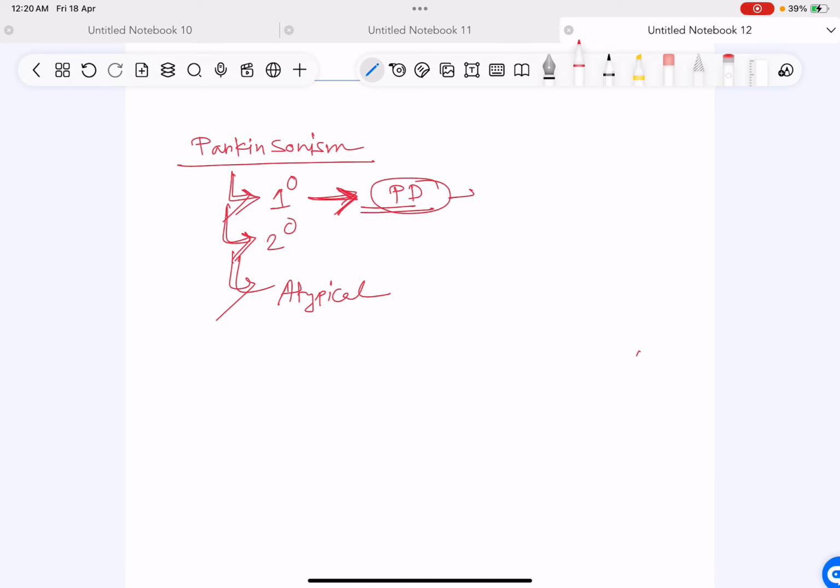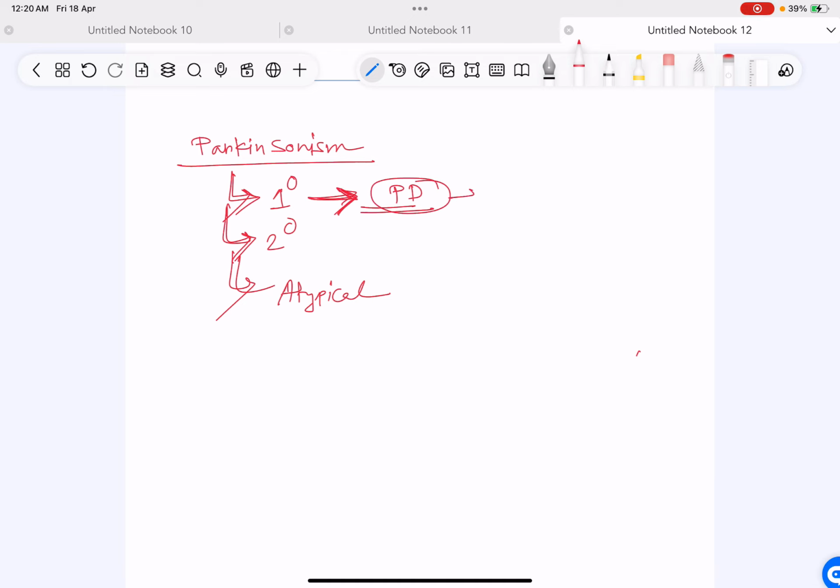This question will come: what is the hallmark of progressive supranuclear palsy? The answer is vertical gaze palsy. Vertical gaze palsy means the person cannot look upwards. Vertical gaze is paralyzed, so he will look always downwards.